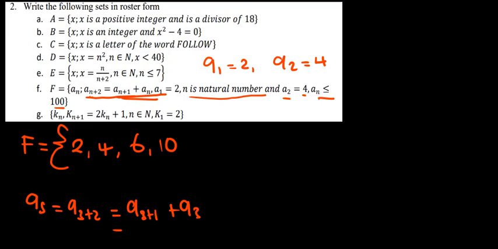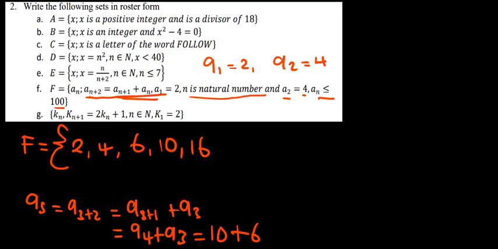So this here will just be A4 plus A3, which will be equals to, our A4 was 10 plus our A3, which is 6. So this is going to be 16.